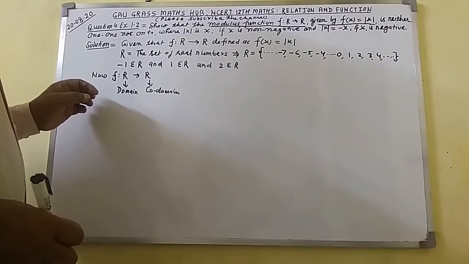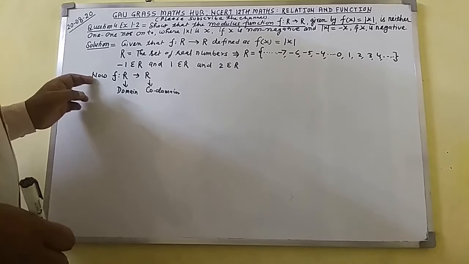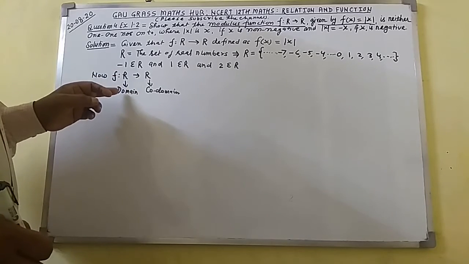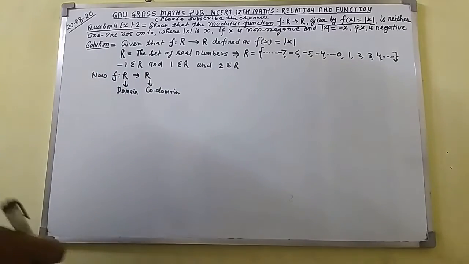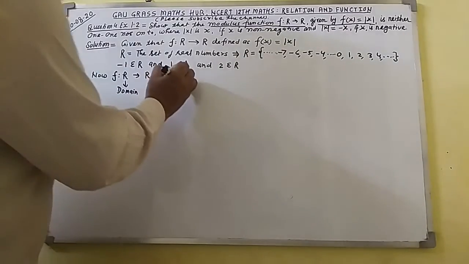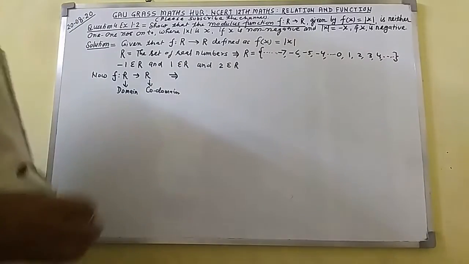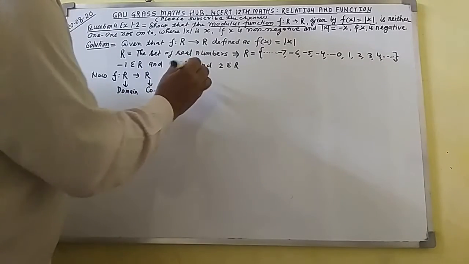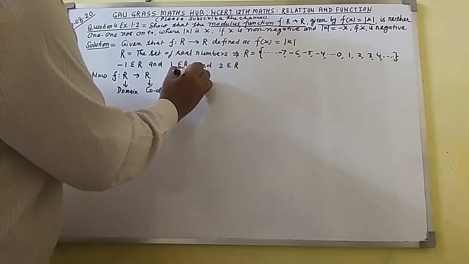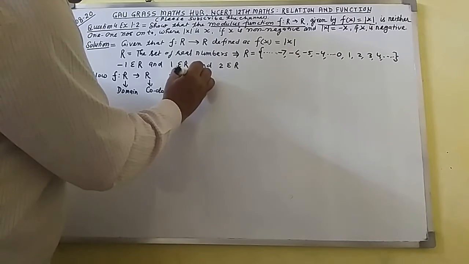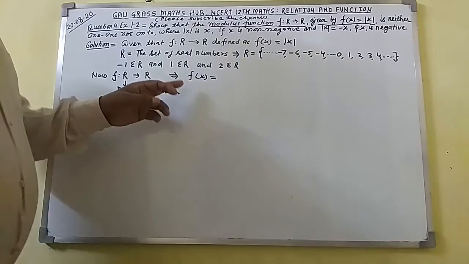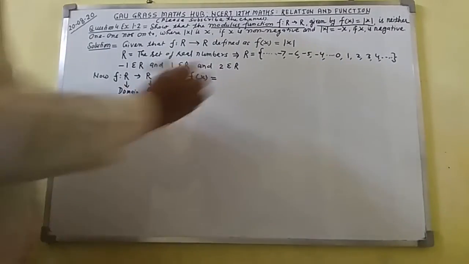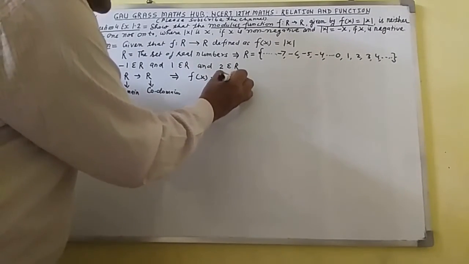Now what will we do next? Now f from capital R, the domain, goes to capital R, the codomain, which implies that f of x equal to mod x.